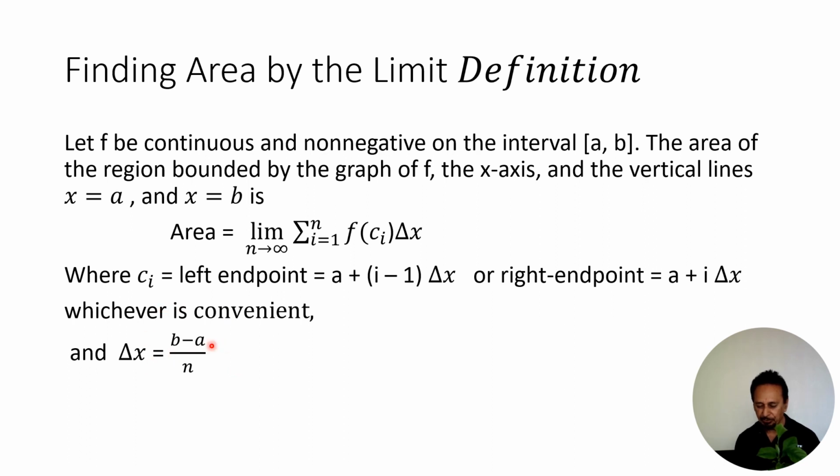The width would be, you subtract the lower value of the interval from the upper value, and then divide by the number of rectangles you want to draw. So just for convenience, we use the letter n.